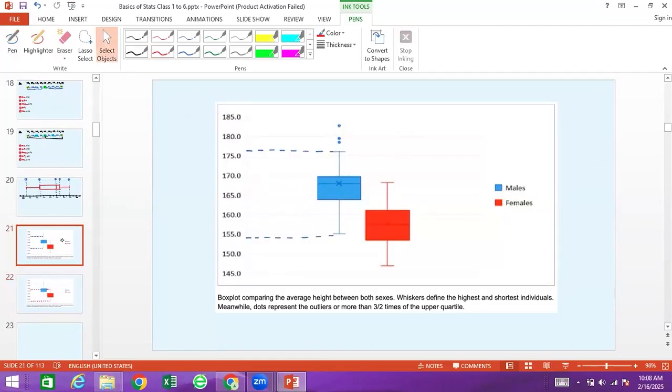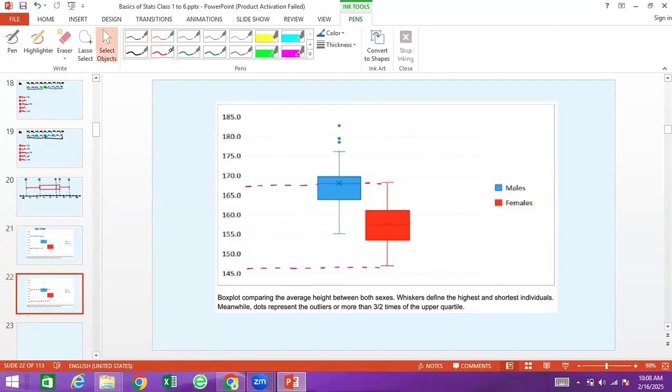For boys, the range of height is from 154 to, let's say, 176. On the other hand, for girls, the range of height is between 146 to, let's say, 168. This is one piece of information that I can get from this chart.